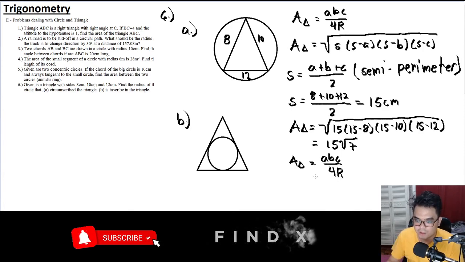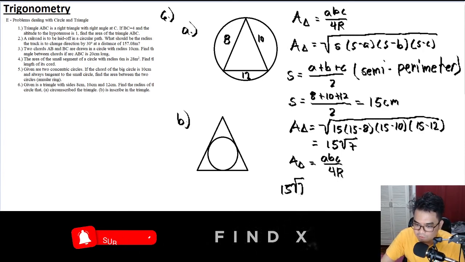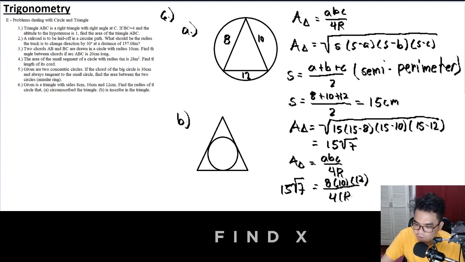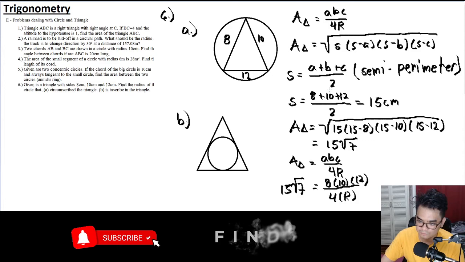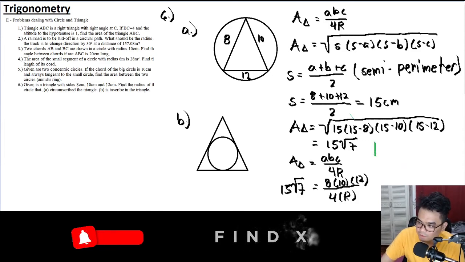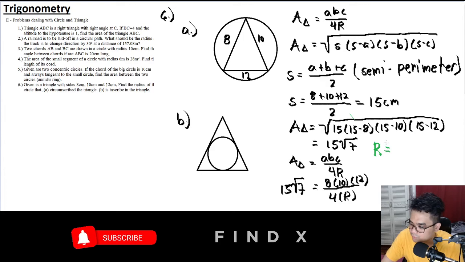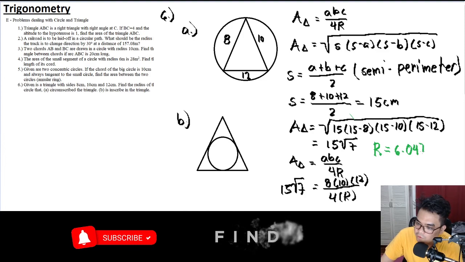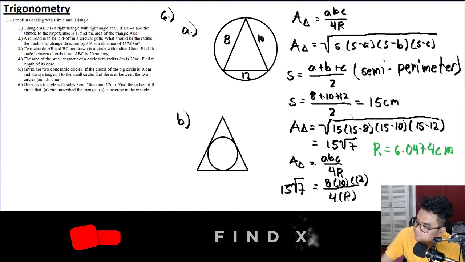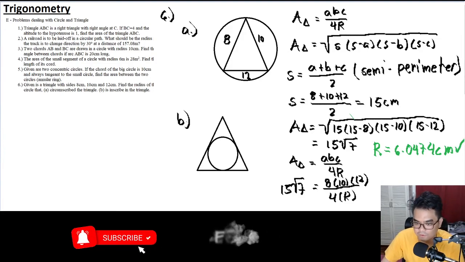The area is 15 square root of 7, and ABC is 8, 10, 12. 8 times 10 times 12 all over 4 times R. If you get the value of R from that equation, you'll get R equal to 6.0474 centimeters. This will be the answer for letter A.